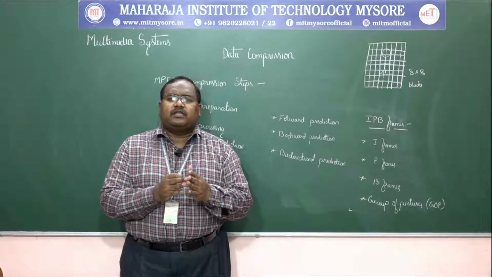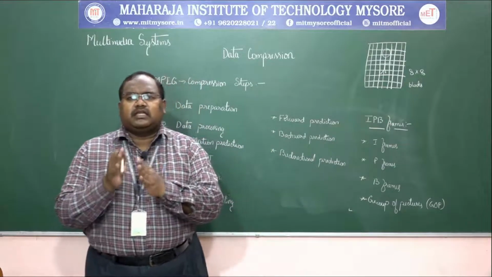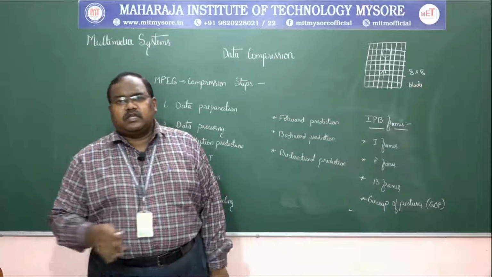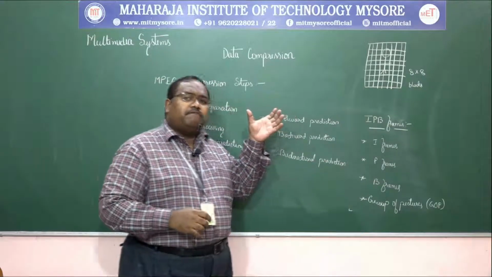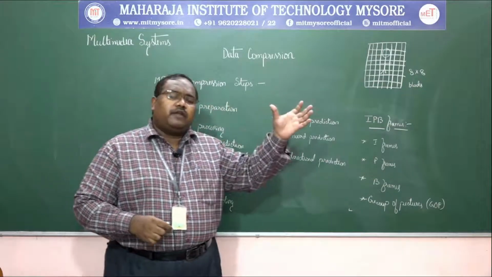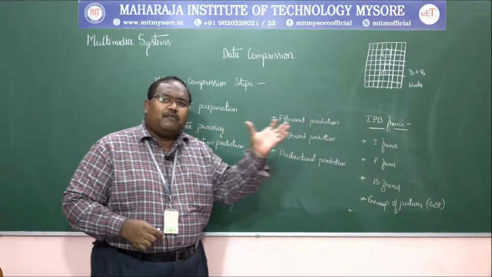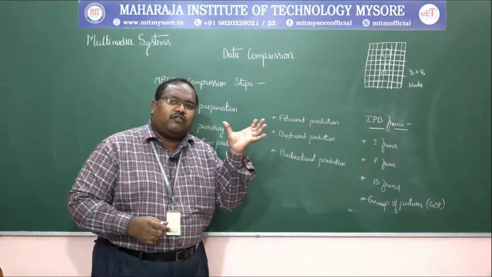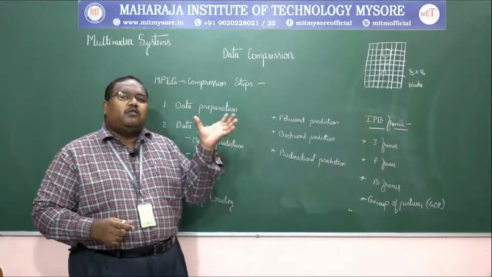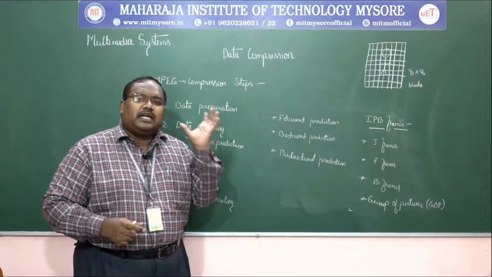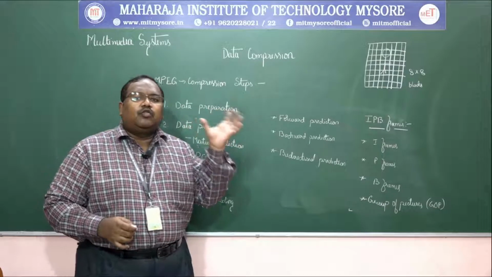A set of frames between I frames is said to be a group of pictures. Means there might be an I frame and there is one more I frame. In between there would be n number of different frames, and that set of frames from I to I is said to be the group of frames.